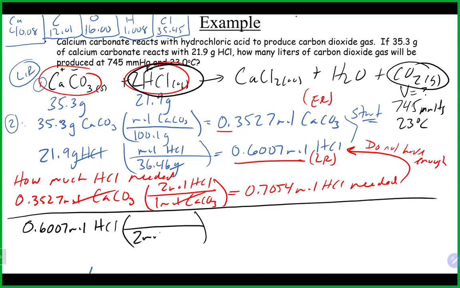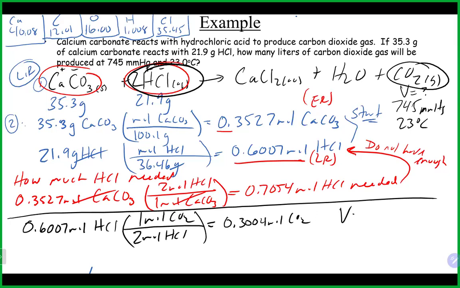So 2 moles of HCl, 1 mole of CO2. That's going to get us 0.6007 divided by 2, 0.3004 moles of CO2. That is what we need to go into our ideal gas law here.